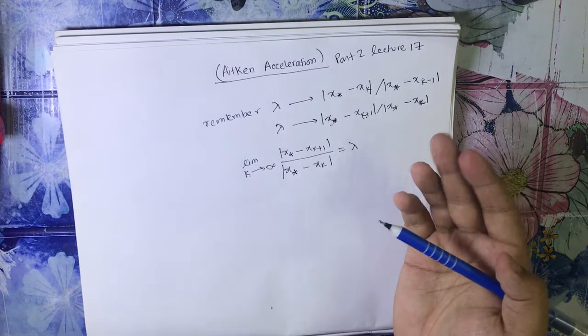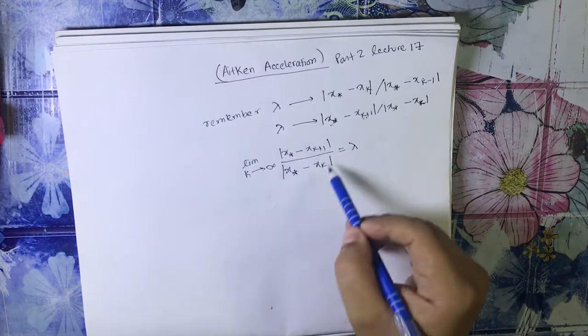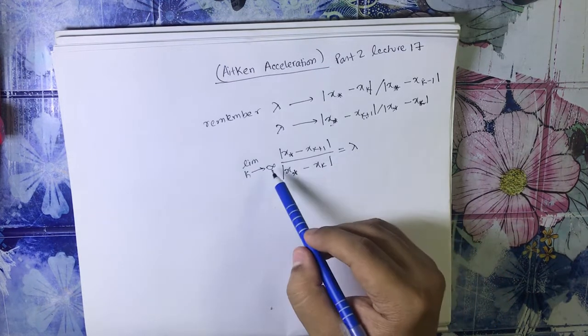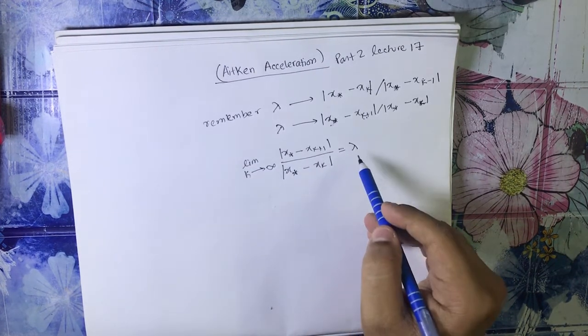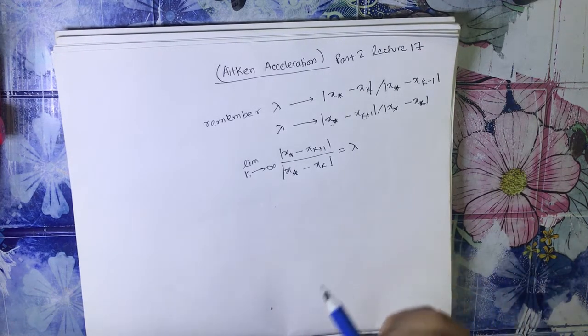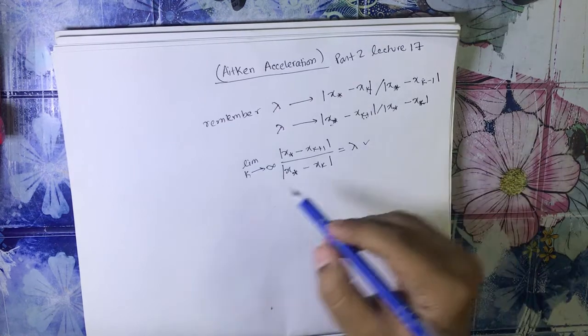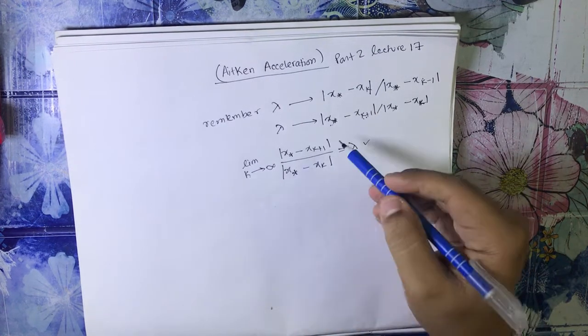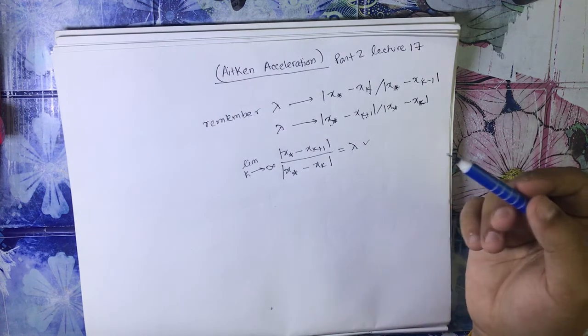Basically, if I take my number of iterations to infinity, the value of this will converge to lambda. So this is true if I take my number of iterations to infinity.